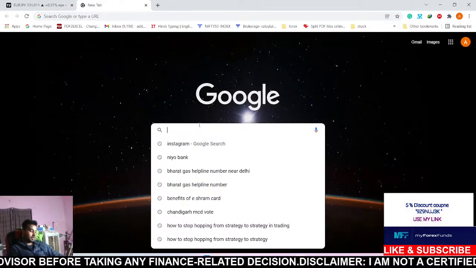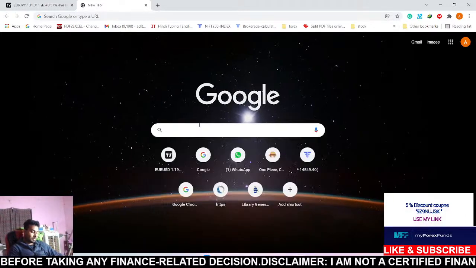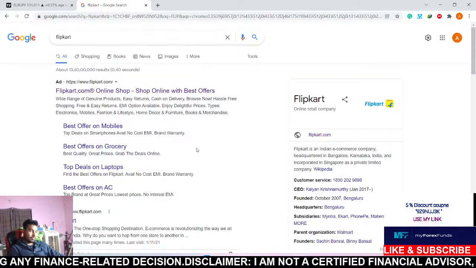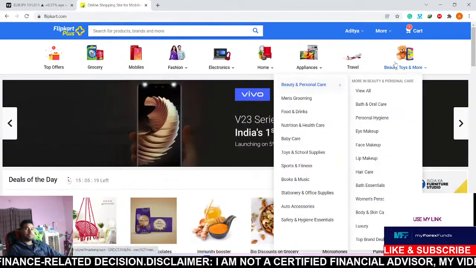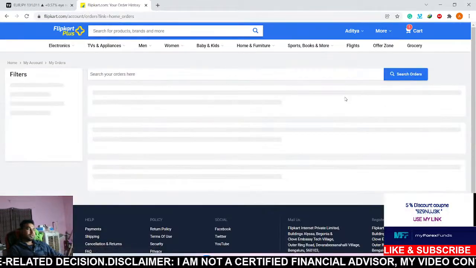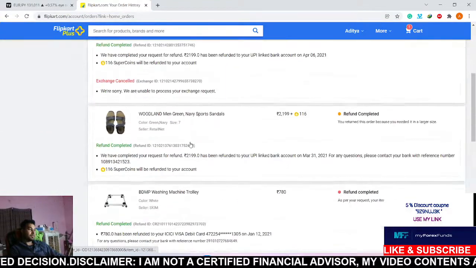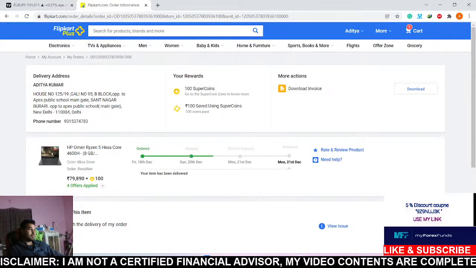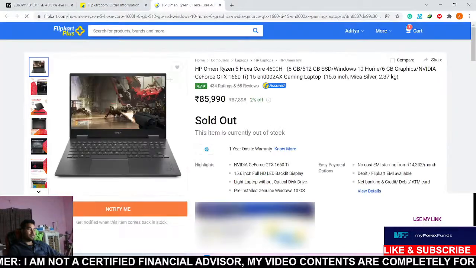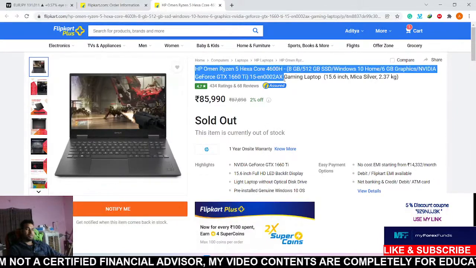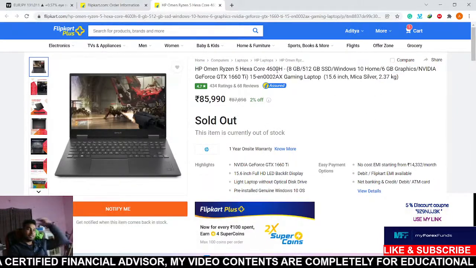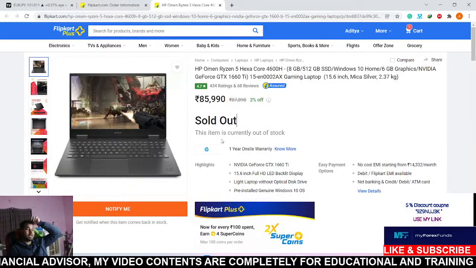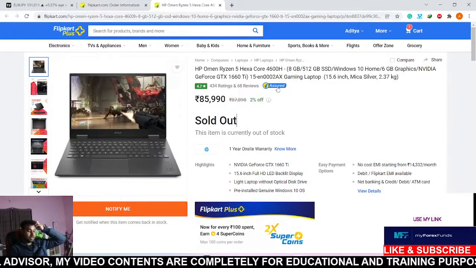What is my laptop? Asus VivoBook 15. Okay, so my laptop was, I don't remember, let me just check. Yep, this was my laptop. It was an HP Omen Ryzen 5 Hexa. So this was the latest laptop at that time. I bought this laptop last year.